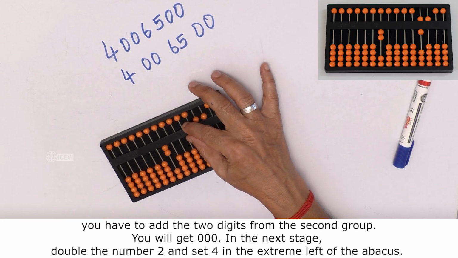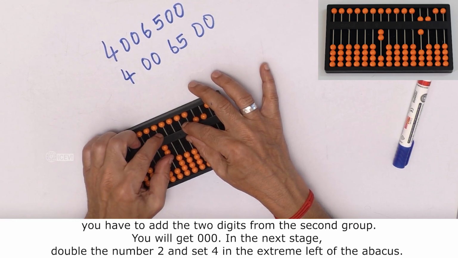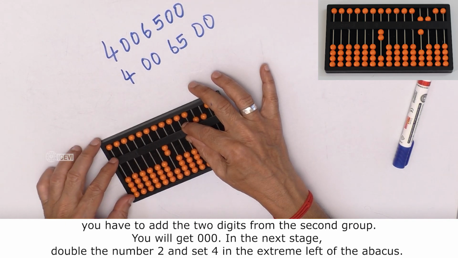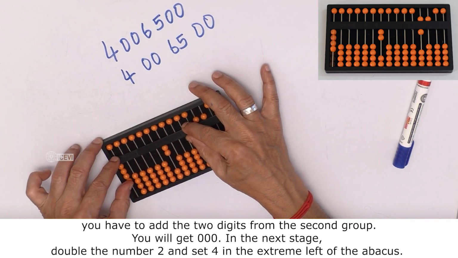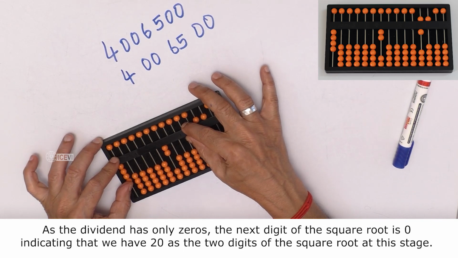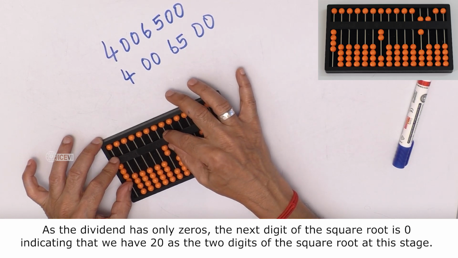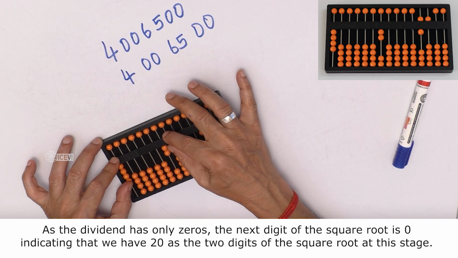In the next stage, double the number 2, which is the square root, and set 4 in the extreme left of the abacus. As the dividend has only zeros, the next digit of the square root is 0, indicating that we have 20 as the 2 digits of the square root at this stage.